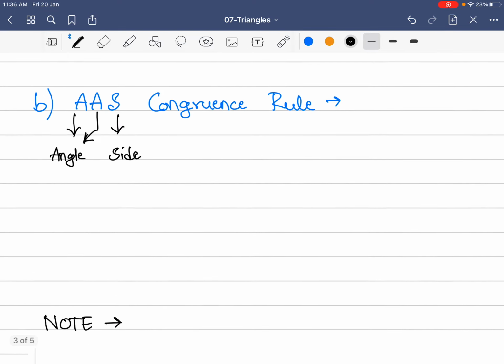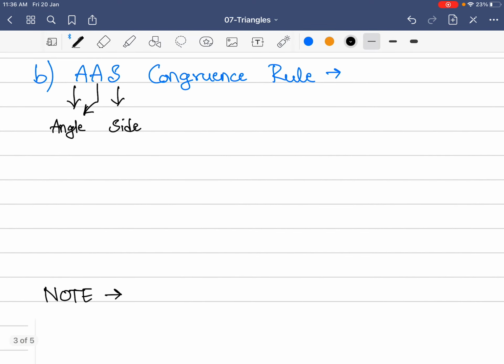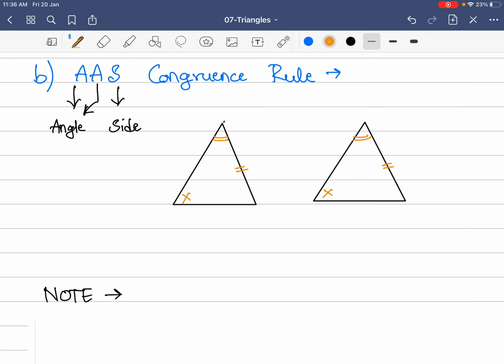Let me create new triangles. So this is my triangle, and I'm just going to create another triangle. Let's say I tell you that in these two triangles this angle is equal to this angle, this angle is equal to this angle, and this side is equal to this side.